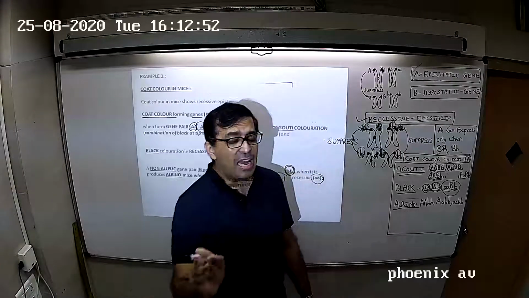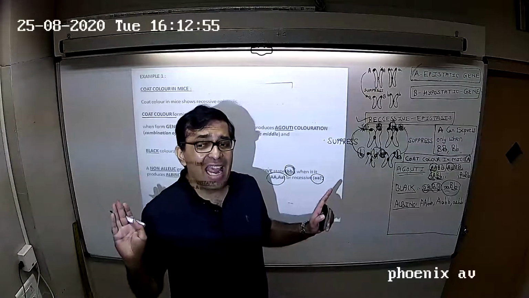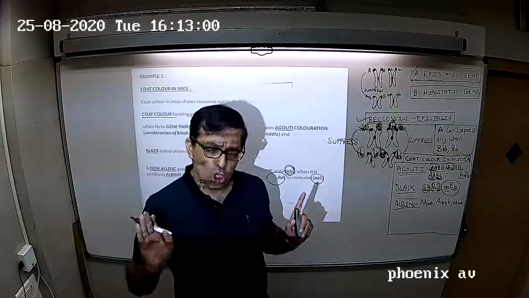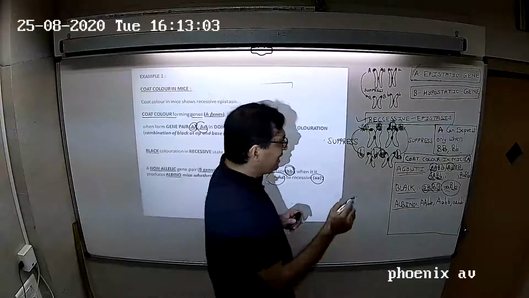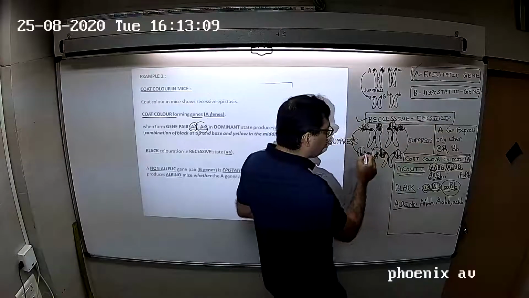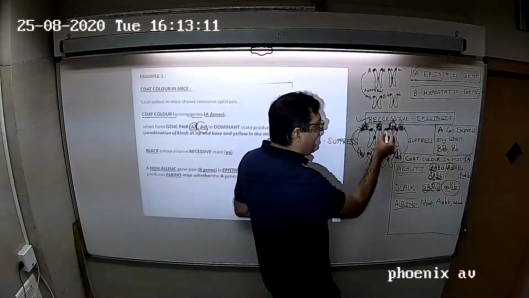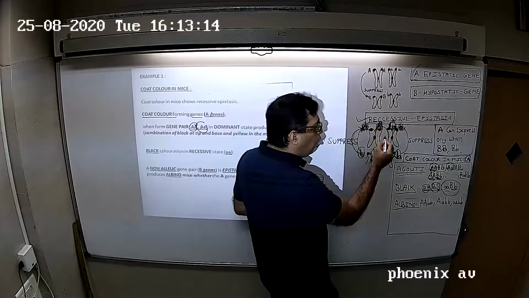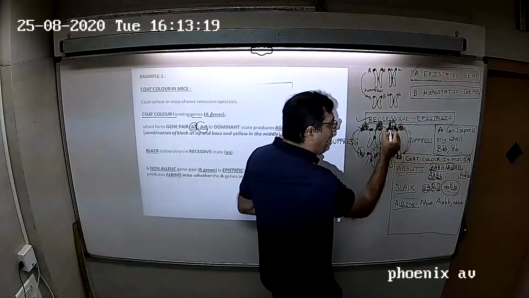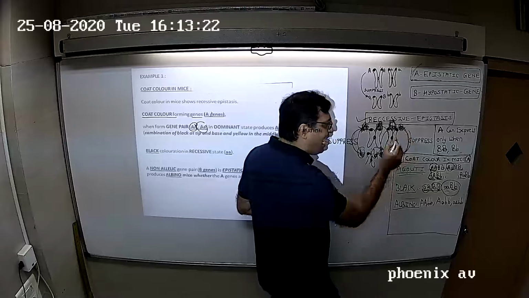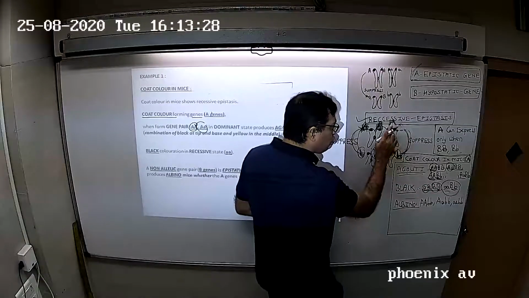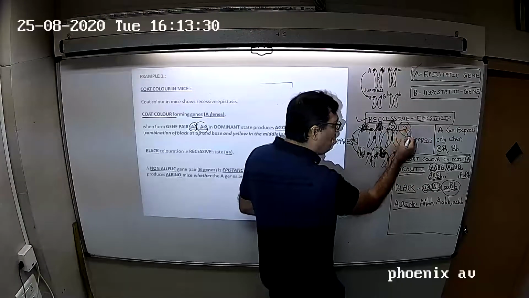And what is needed for albino? It should be small b. Small b will show recessive epistasis over capital A, or over small a.